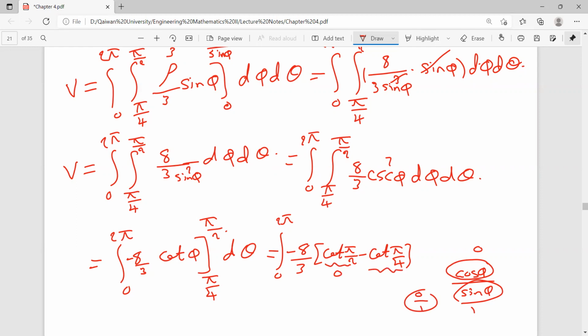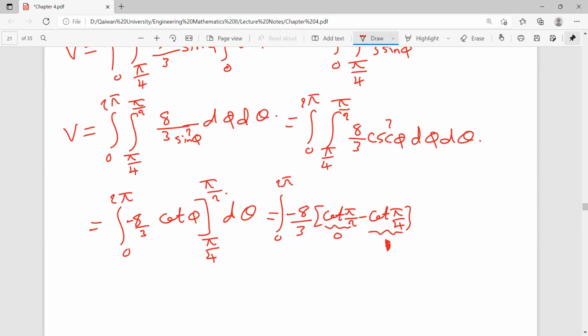And for cotangent of pi over 4, it is cosine pi over 4 divided by sine pi over 4, which is 1, because sine and cosine of pi over 4 are equal. That means the second term is 1, and with the negative sign in front, it's minus 1. This is d phi, d theta.